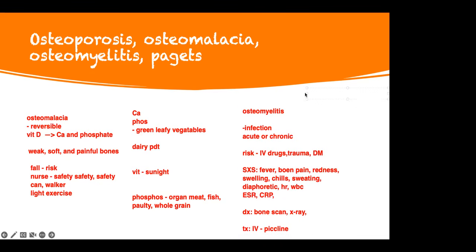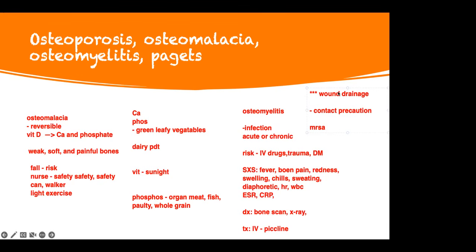Key fact, listen, key fact. If there's a wound draining from osteomyelitis, put them under contact precaution, because they may have some MRSA involved. So if there's no wound, it's not draining anything, yeah, just infection.